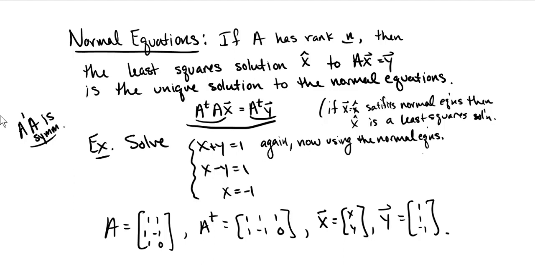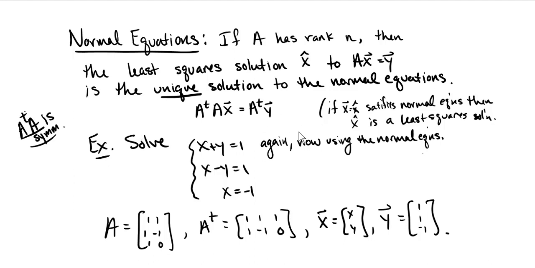We saw this in recent lectures. A transpose A, a symmetric matrix, if A has rank n, then A transpose A has rank n, and this matrix will be invertible. You can solve this uniquely for x. So that's where we get a unique solution to the normal equations. Without this requirement, there actually could be many solutions, many least square solutions, a whole set of them.